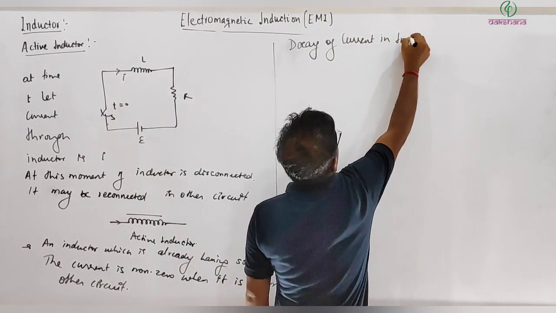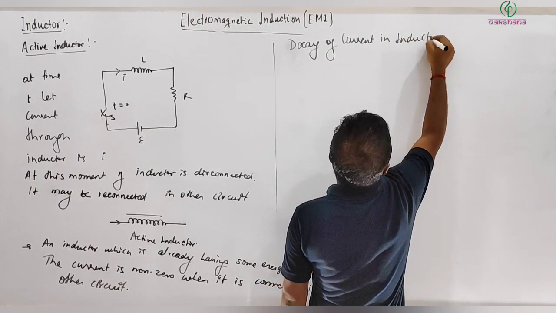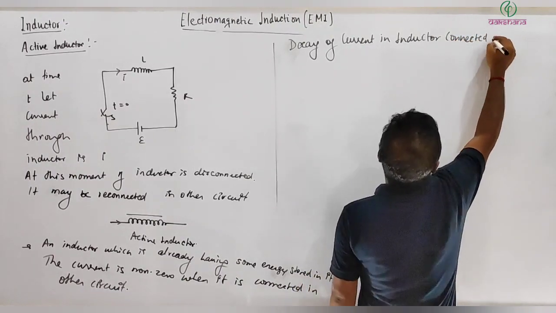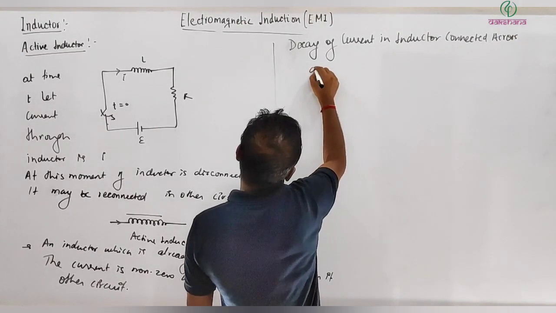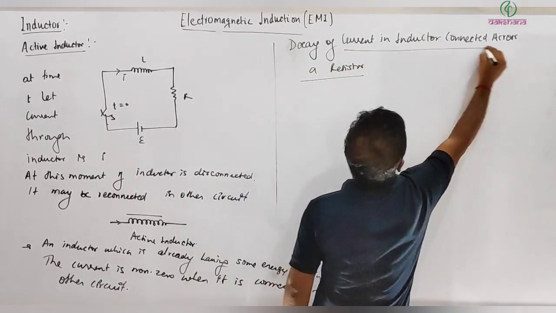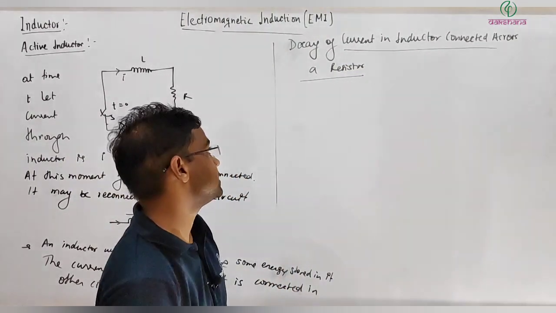in an inductor connected across the resistor. So sort of like you can say here an active inductor is connected across some resistor, right?